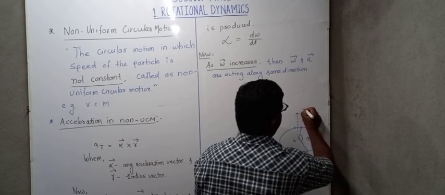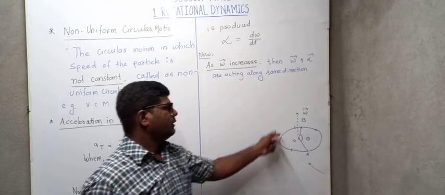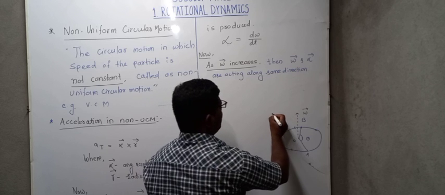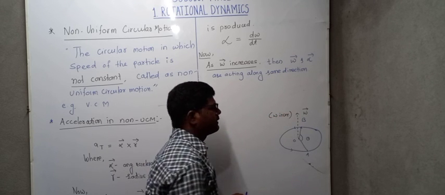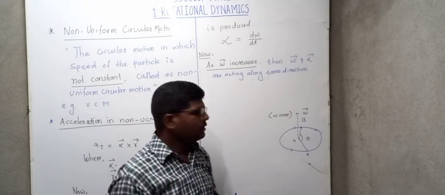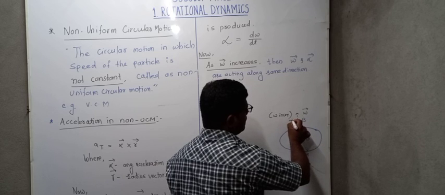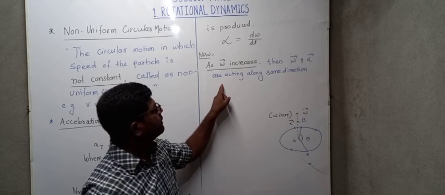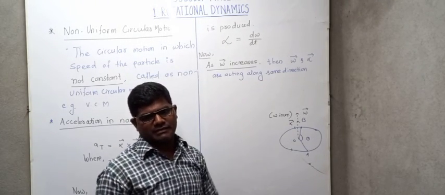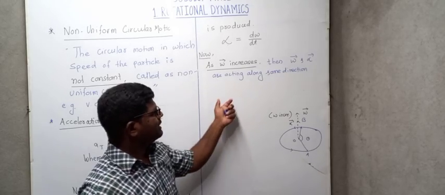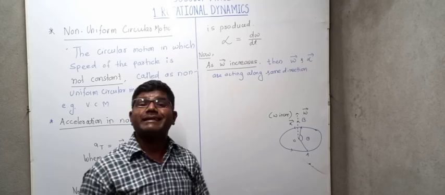Now, in the first case, as omega increases, omega bar as well as alpha bar are in the same direction. Do you understand what happens when angular velocity increases?